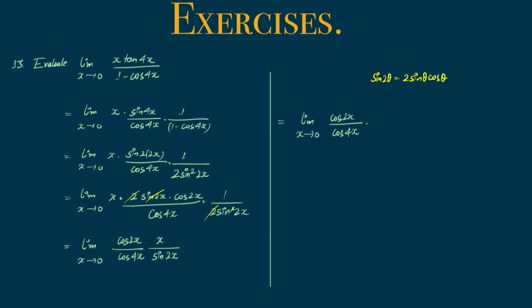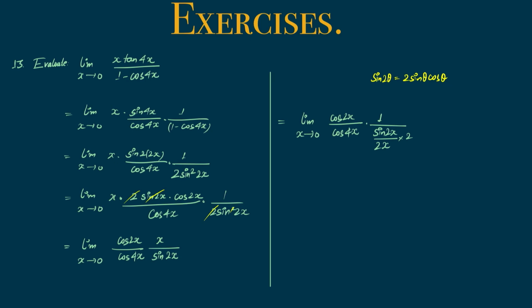So I can write 1 by sine 2x by x. We can do this because any time this x can go up here. Now since the angle is 2x here, I'll write 2 here in front of this x, so it will be 2, 2, 2.